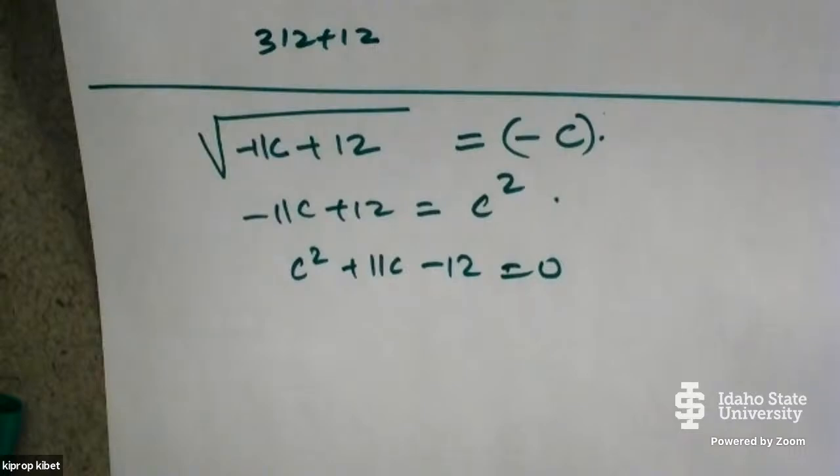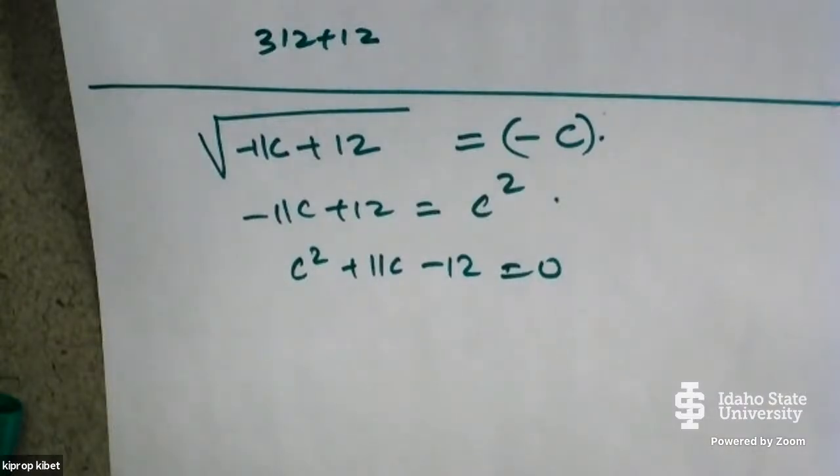You take this one here. So you had minus c, right? Yes, it was minus c when you square. When you square minus c, what do you get? c squared. You get c squared.